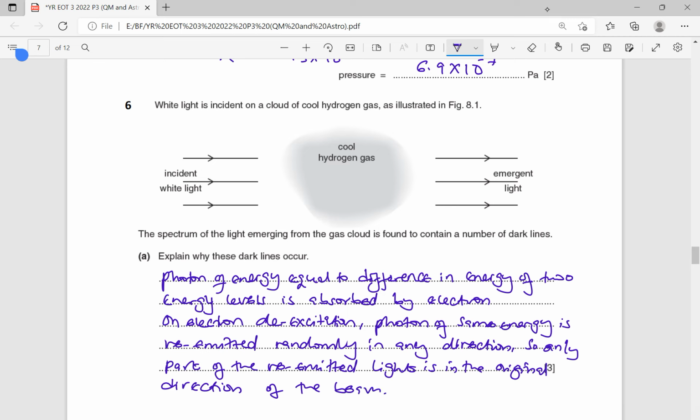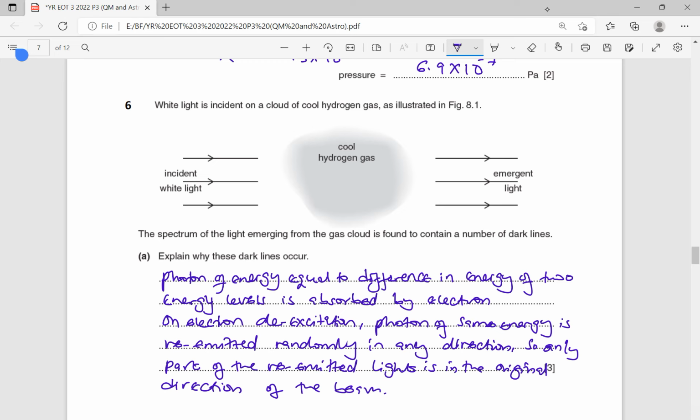So as light goes through the hydrogen gas, the atoms have their electrons absorbing some of these photons, whose energy is equal to the difference in the energy of two energy levels of the electron. So the electron is said to be excited, or the atoms are said to be excited. Then on electron de-excitation, the electron must emit the same energy, but this time randomly in all directions or in any direction.